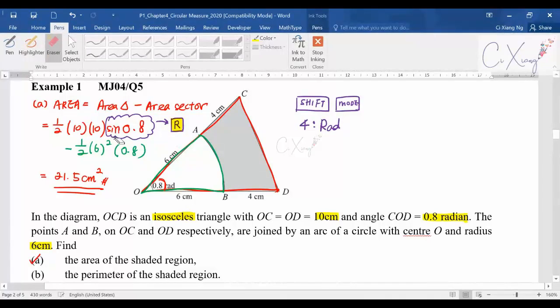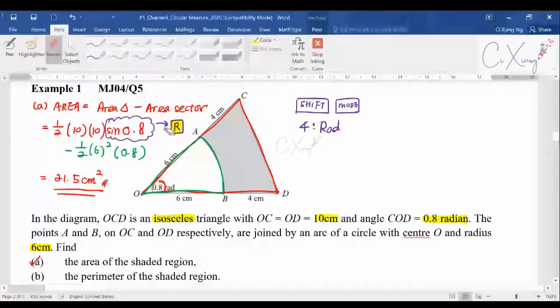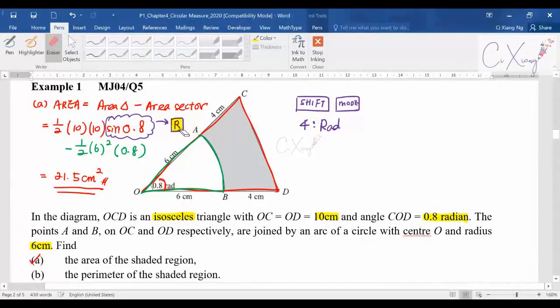Okay, so for any sine, cos, tangent, if you've got a trigo function with the radian value inside here, then generally you have to change your calculator to the radian mode. Some students feel, I don't like it, I want to use degree and I keep it in degree mode.